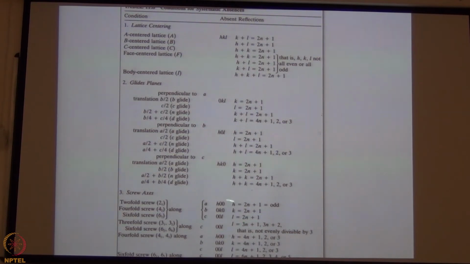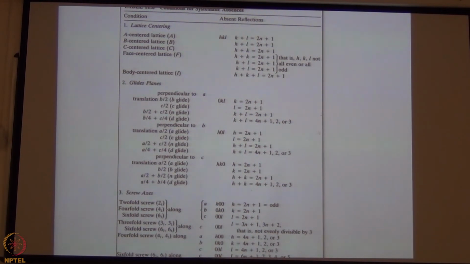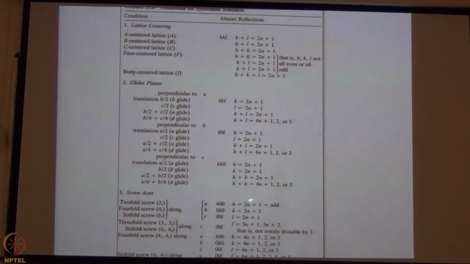What is valid is the translation. So screw axis 2-1 parallel to A means the H00 set of reflections are to be looked at, and we will look for H equal to odd.